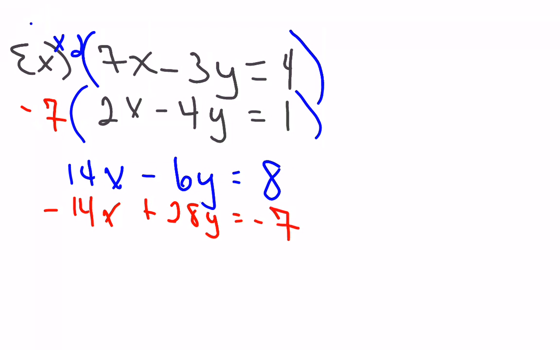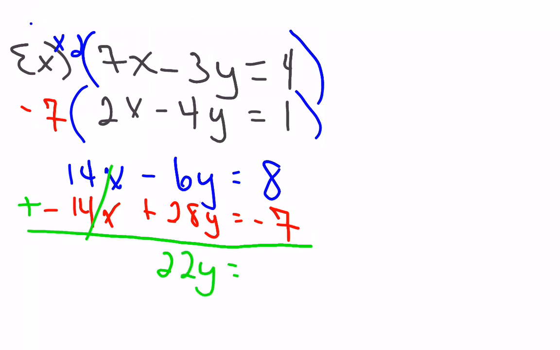Now the trick is I want to add these together and see what happens. So 14x plus a negative 14x is 0. Negative 6 plus 28, you might have to pull out your calculator for that one. We get 22, so 22y. And 8 plus a negative 7 is 1.